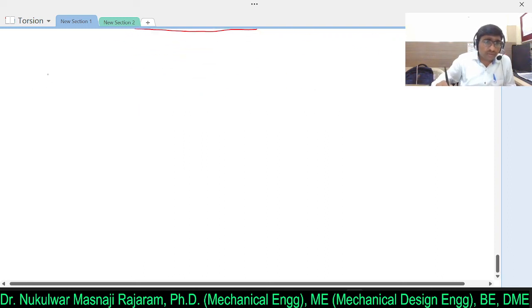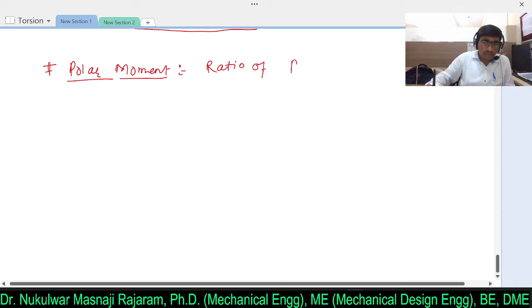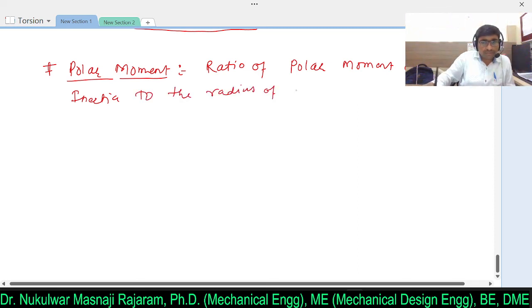Next, a small concept is there, that is polar modulus. Polar modulus is the ratio of the polar moment of inertia, which we already learned, to the radius of the shaft, clear.